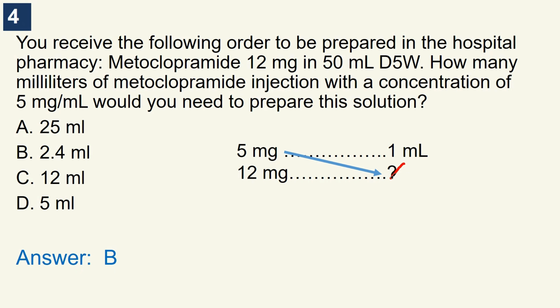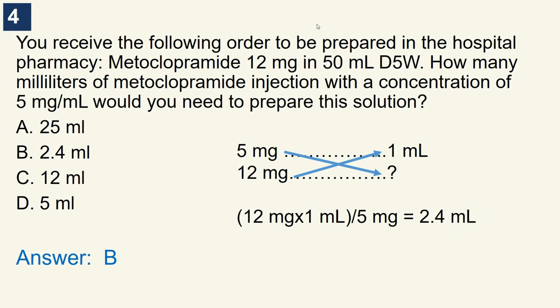If you need x mL, point one arrow to x mL and the other arrow across, and if you cross multiply, it gives you 2.4 mL. It means you draw 2.4 mL from the injection to get 12 milligrams of metoclopramide. Therefore, your correct answer is B.